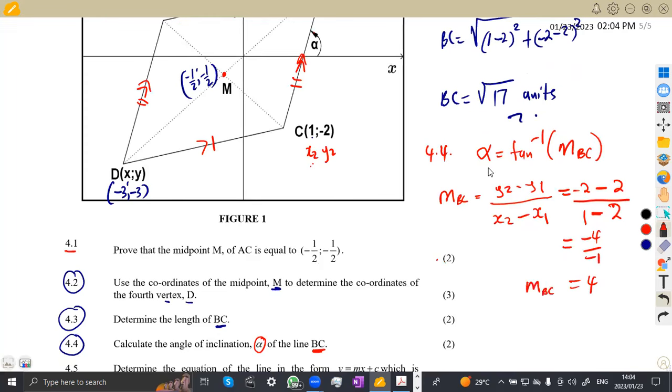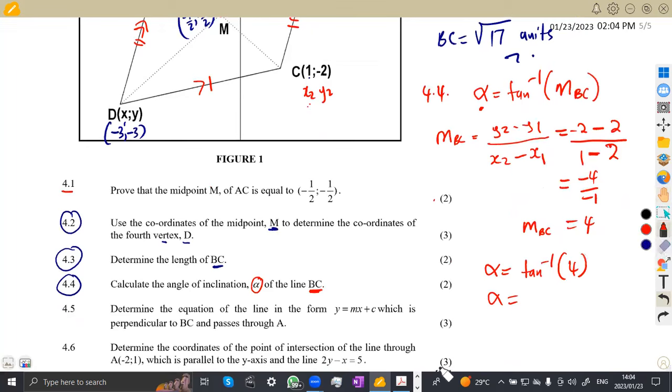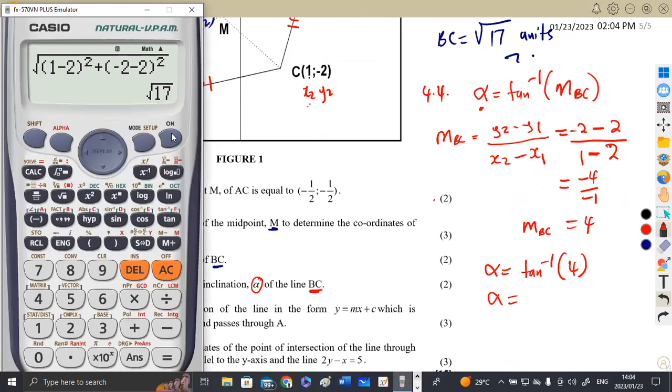But I was saying that alpha, the angle of inclination, is equivalent to arctan of the gradient of that line. So the gradient of BC is 4, so our alpha is going to be arctan 4. From your calculator, make sure that your calculator is in degrees. That's the first thing. My calculator here is in radians, so I'm going to change to degrees.